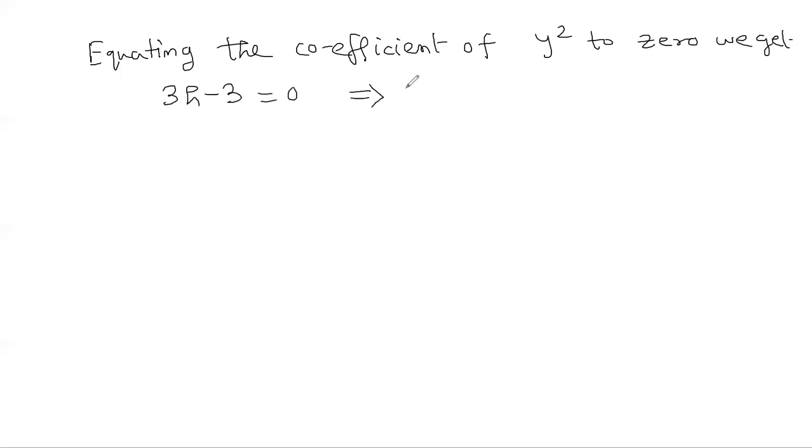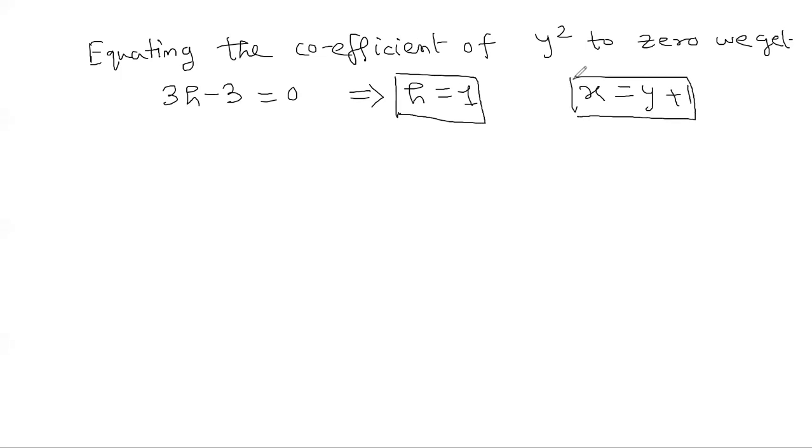What does it mean? h is equal to 1. So what is our substitution? If I take x equal to y plus 1, then our given equation reduces to a cubic equation.